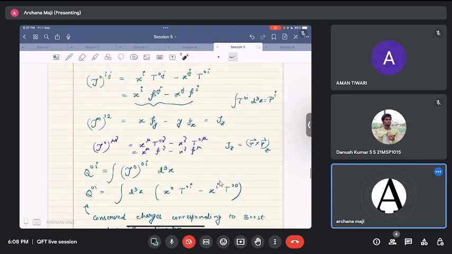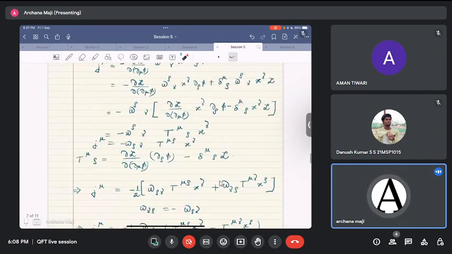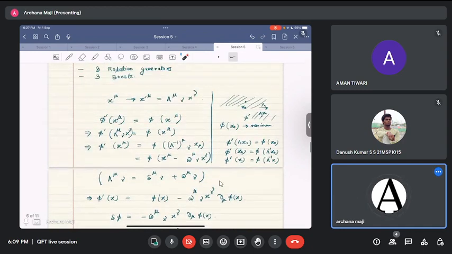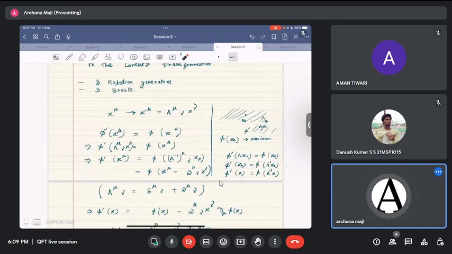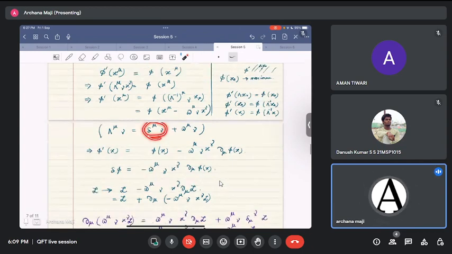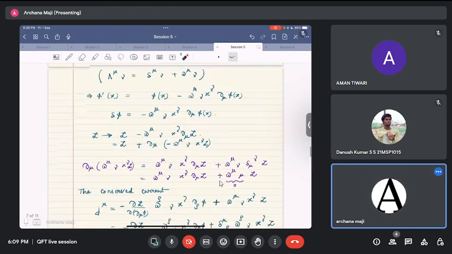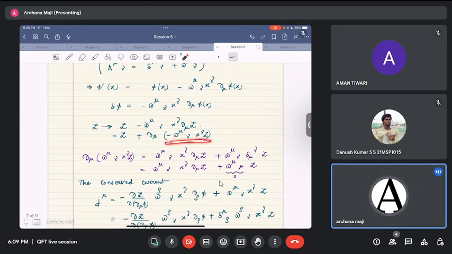One more thing before we get started. Here what we were doing last time, we considered infinitesimal Lorentz transformation, like lambda equal to identity plus some infinitesimal parameter, and then we checked how the field gets transformed. So this was delta phi, and the Lagrangian transforms by this total derivative.